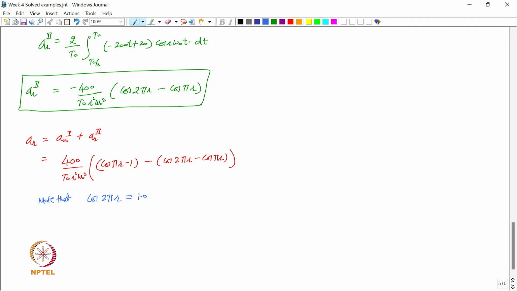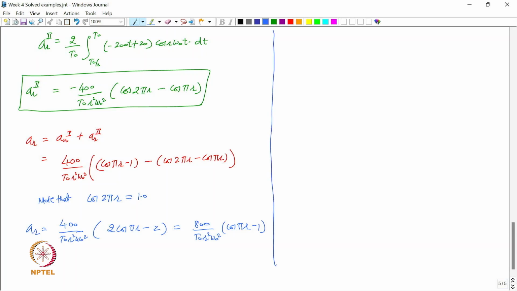And then the result we get is 400 upon t naught r square omega naught square into bracket 2 cos pi r minus 2. So this essentially becomes 800 upon t naught r square omega naught square, cos pi r minus 1. And what is this quantity?